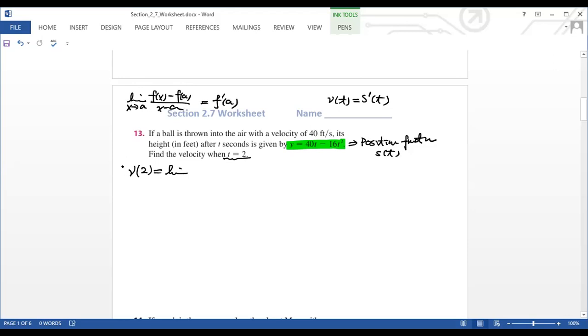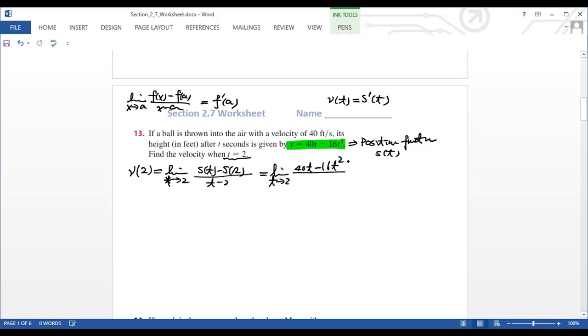So right now we want to find the velocity. Velocity is the derivative, so it's the limit as t approaches 2 of s(t) minus s(2) over t minus 2. The s(t) is 40t minus 16t squared.